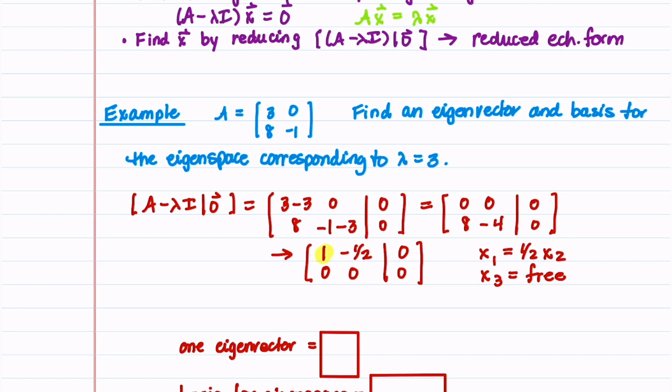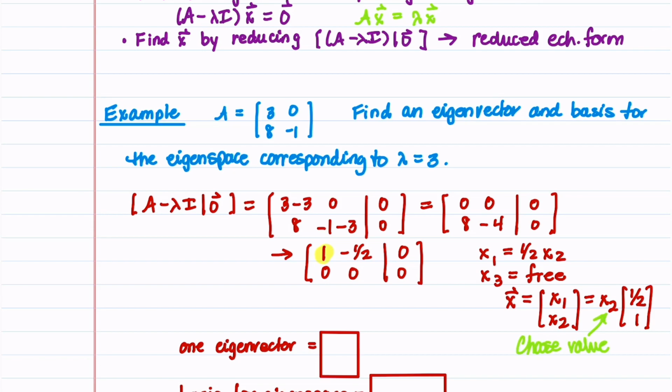This gives us a solution. X is equal to x1, x2, and that's going to be x2 times 1/2, 1. x2 can take on any value from minus infinity to infinity, so we have an infinite number of eigenvectors. To find just one eigenvector, we will choose a value for x2.